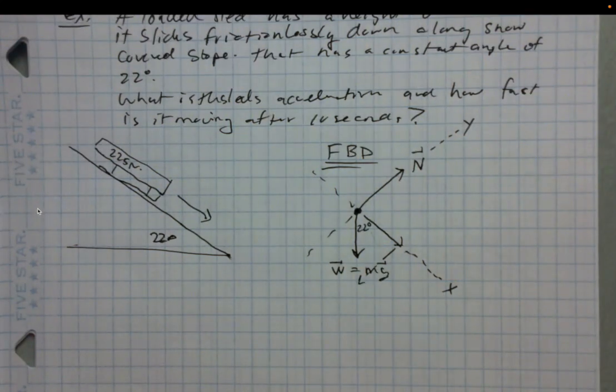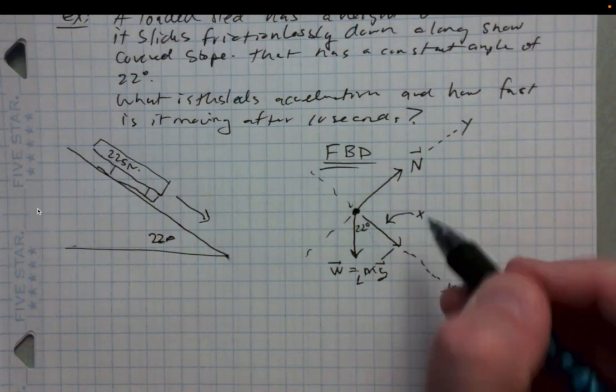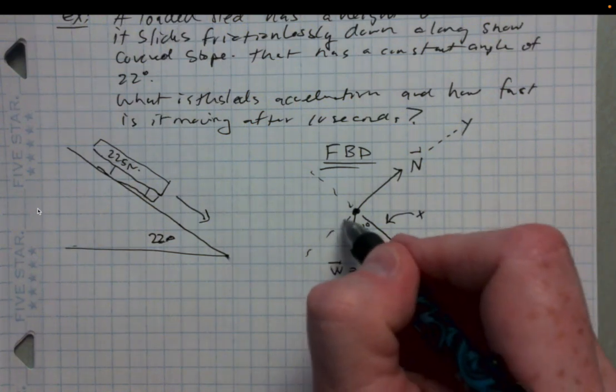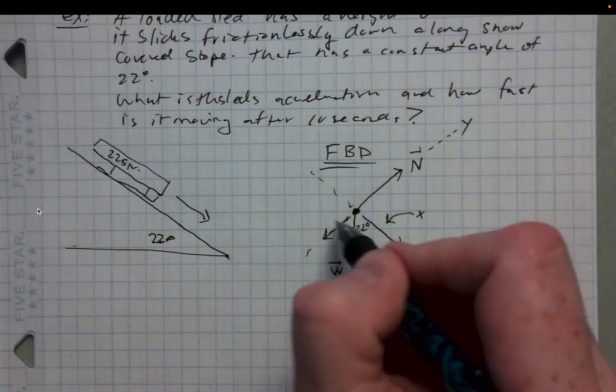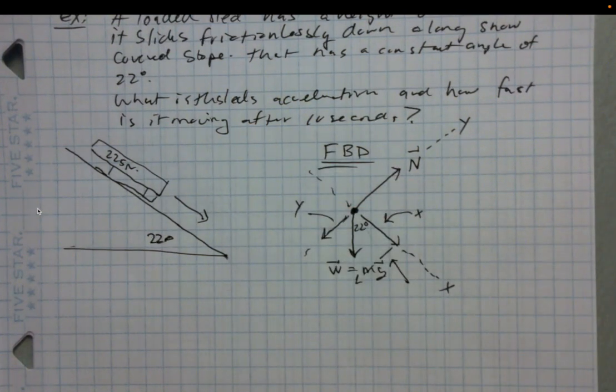All right, and so what we need to do is figure out what this one is here, and we really need to know what this one is here as well. That's going to be kind of the thing that offsets the normal force. All right. Okay, so let's think of the triangle that's involved here.